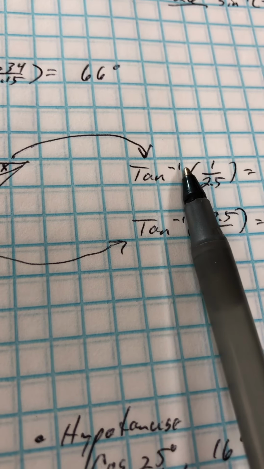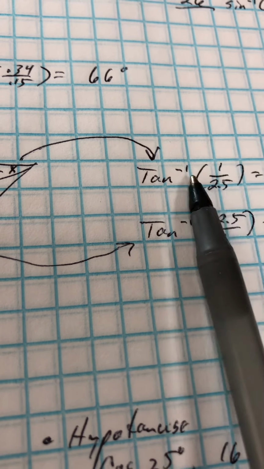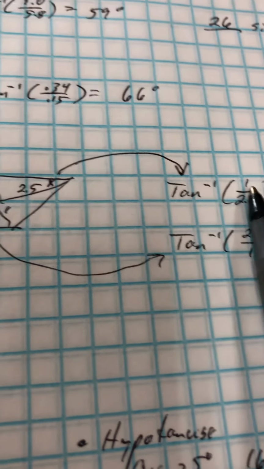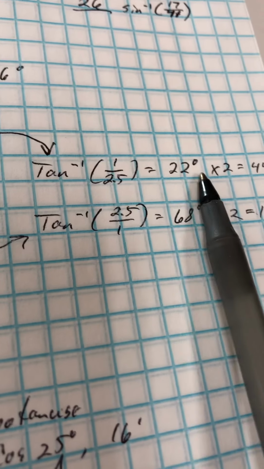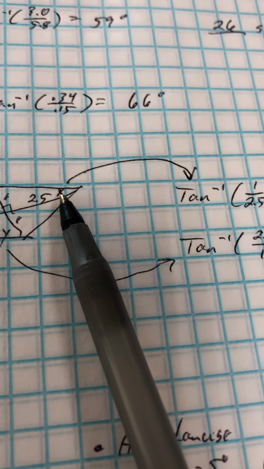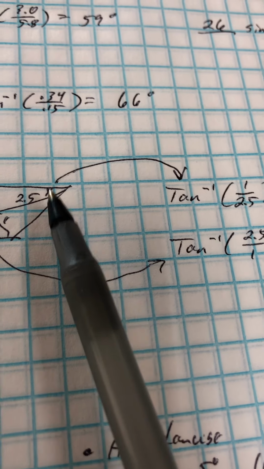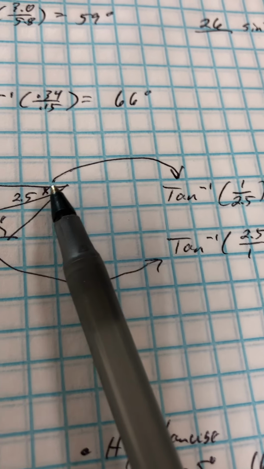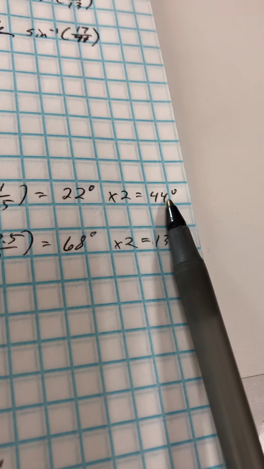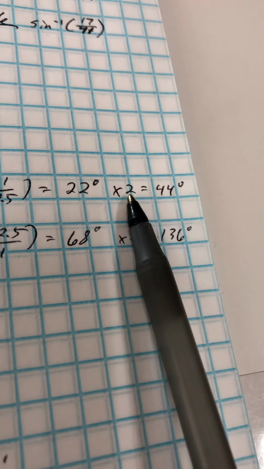So if I take the tangent inverse, the opposite is 1, the adjacent is 2.5, I get 22 degrees. That means this is 22 too because it's bisected in a rhombus. So 22 plus 22 is 44 degrees. I just multiplied that by 2.